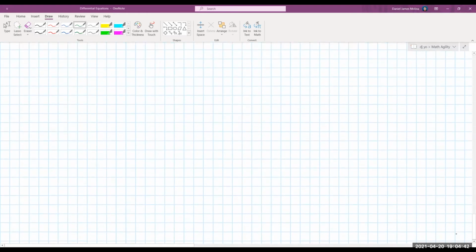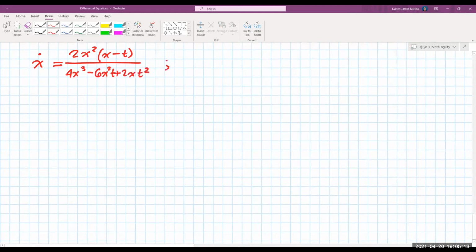We have another exact differential equation. We have x dot, which is the first derivative of x, equal to the quantity 2x squared times (x minus t) all over 4x cubed minus 6x squared t plus 2x t squared, with an initial condition x of 2 equal to 3.